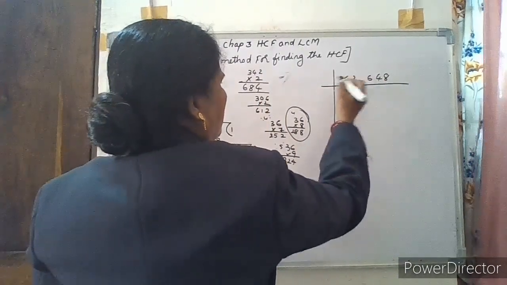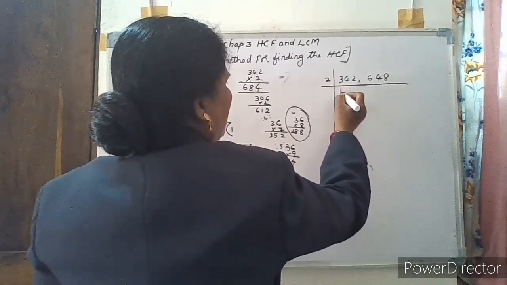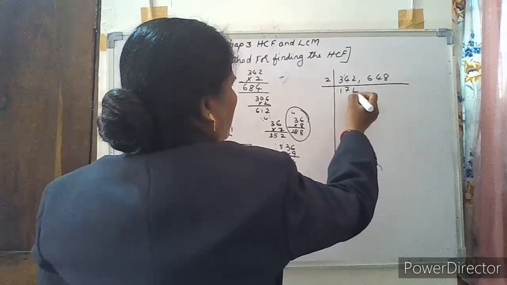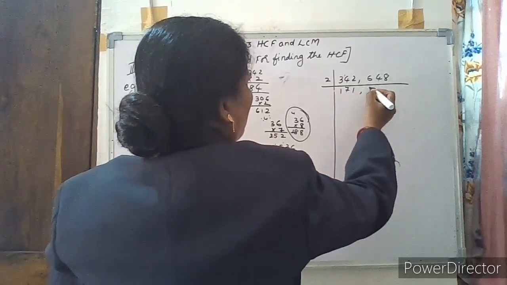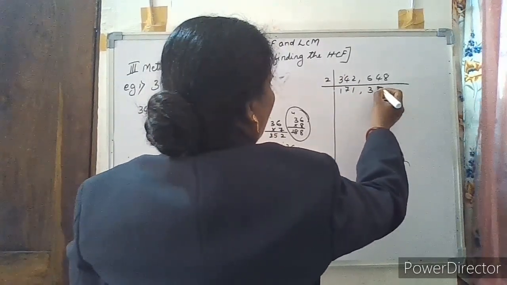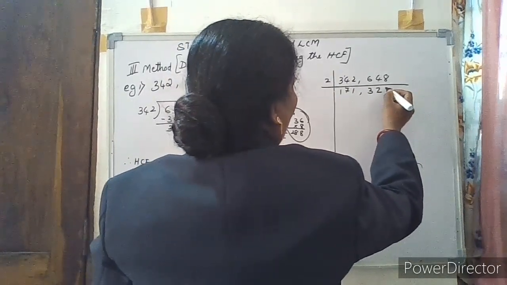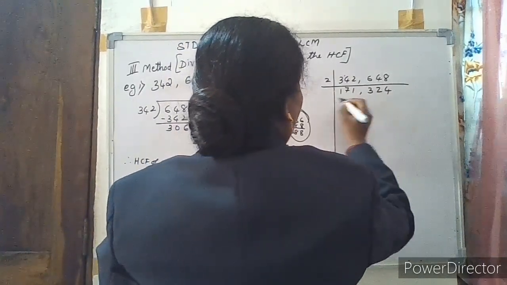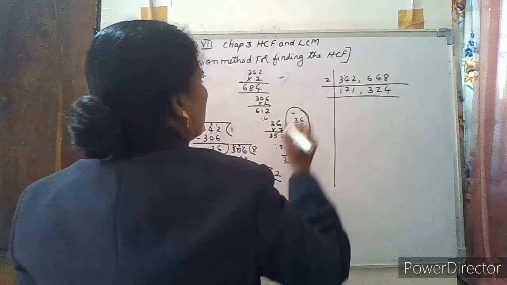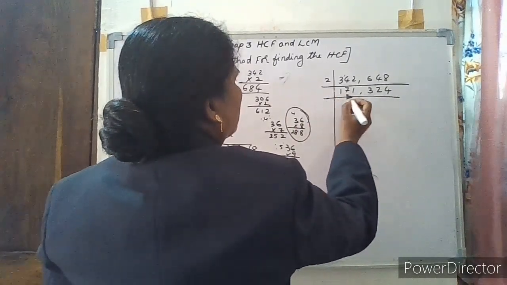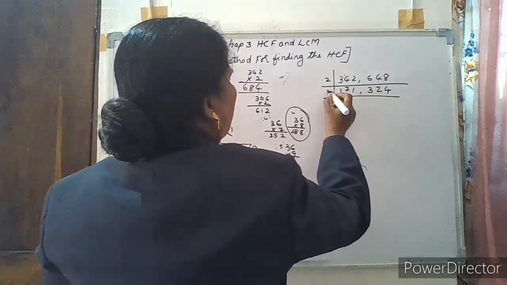These both are divided by 2. 2 1s are 2, 2 7s are 14, 2 1s are. Now 2 3s are 6, 2 2s are 4, 2 4s are 8. Again, I think so this is by 3.